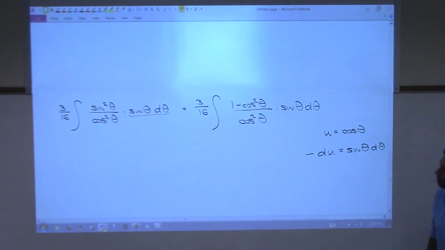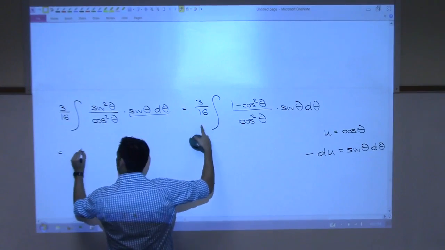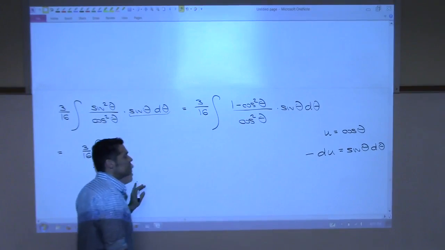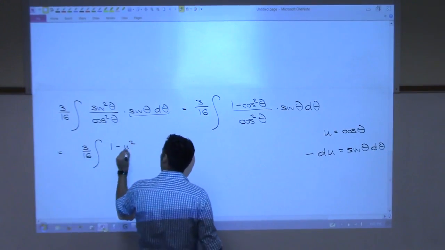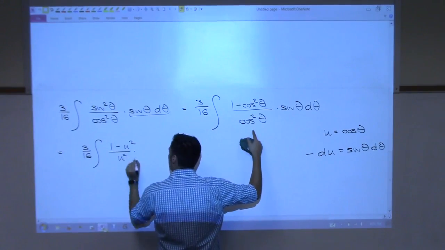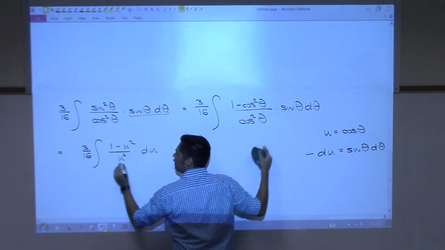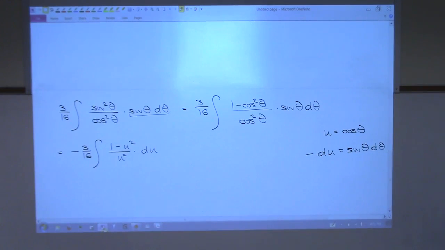Now I get to rewrite the integral. 3/16 integral 1 minus cosine squared is the same as 1 minus u squared over u squared, yes. And then negative du, right? That's negative du. So I'm going to put the negative way out here on the 3/16. I'm so close. One more step, and then I can do what?